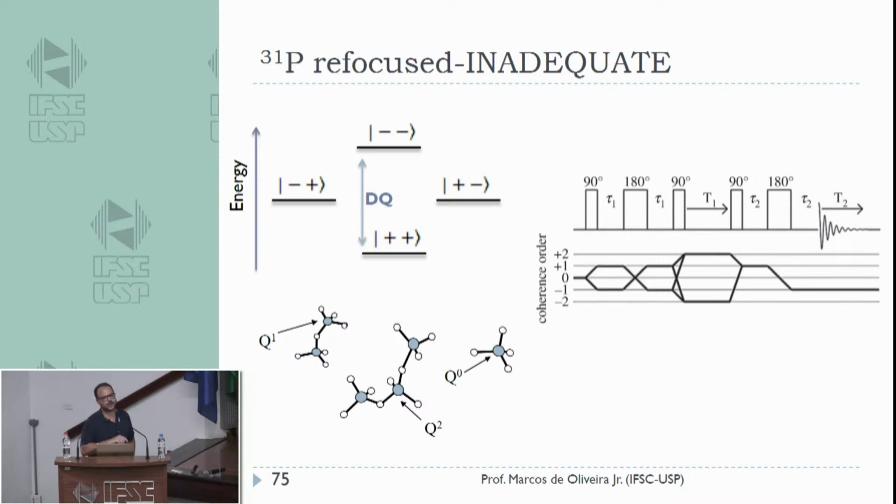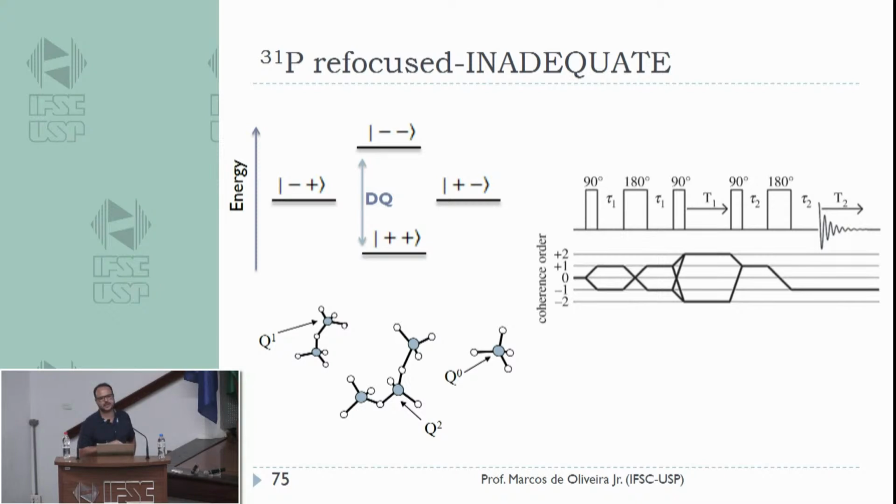So if we can create this double quantum coherence, double quantum means we have two phosphorus with spins pointing up, and then I flip both of them together consistently. You need to have an interaction between them, so this happens in a coupled system. Then if you can create this double quantum, it means that you have a phosphorus-phosphorus interaction, and you have a signal here.